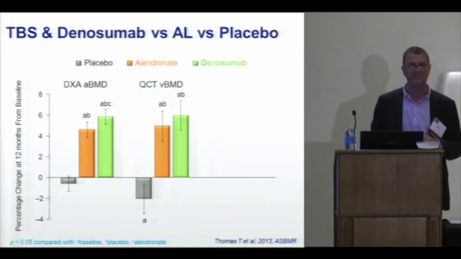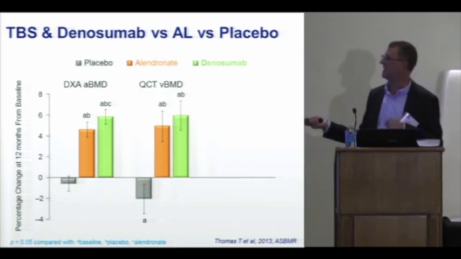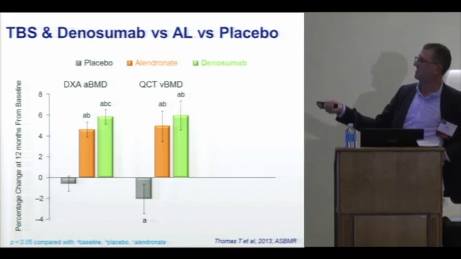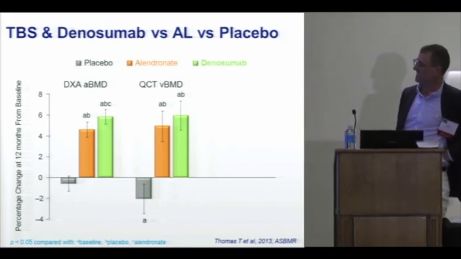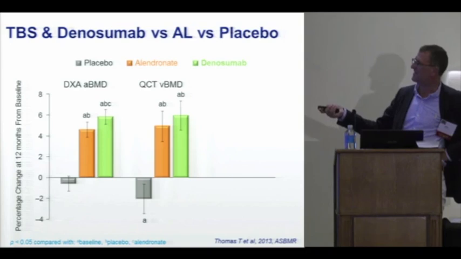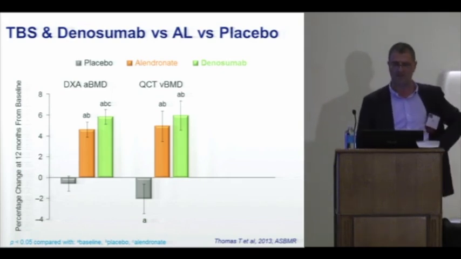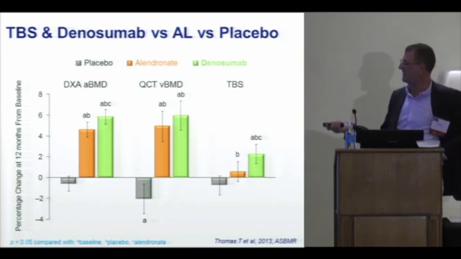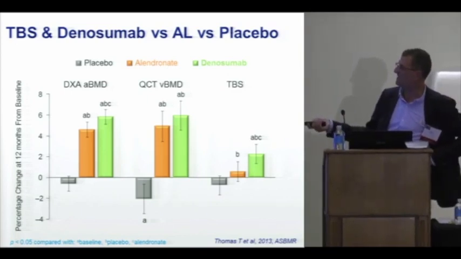So they did QCT, volumetric BMD, and you also have a major decrease in the placebo, and both drugs are increasing slightly more than previously, but you don't have a significant difference between those two. You have a difference between baseline and placebo, but not between the two drugs. And the TBS in this same trial showed a significant decrease in the placebo.